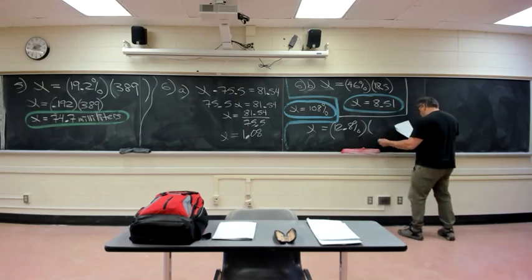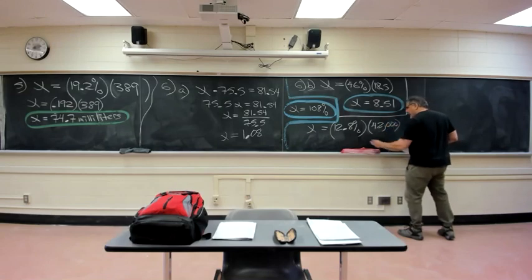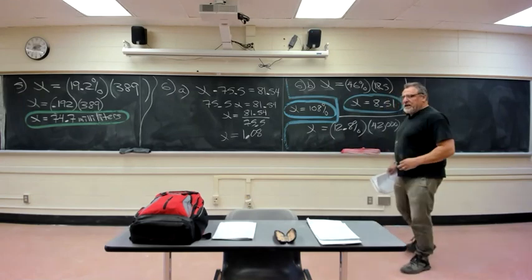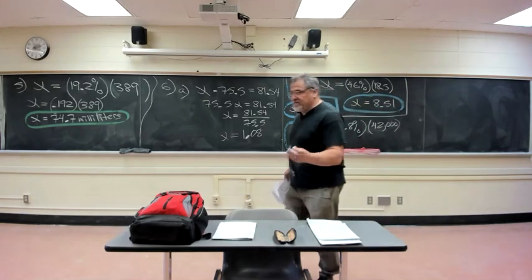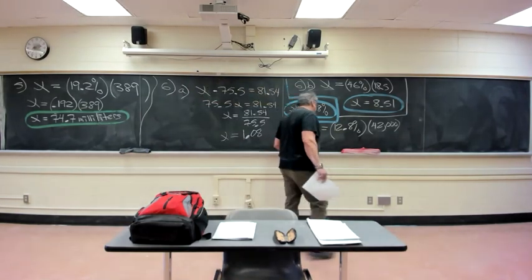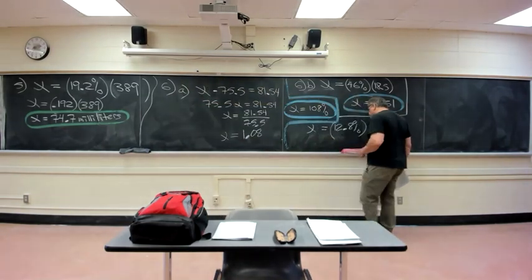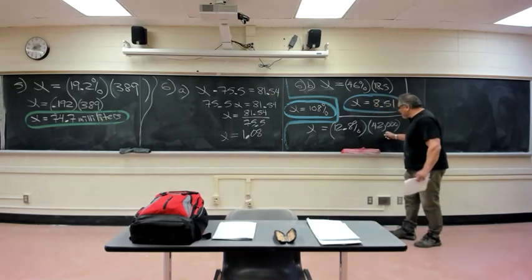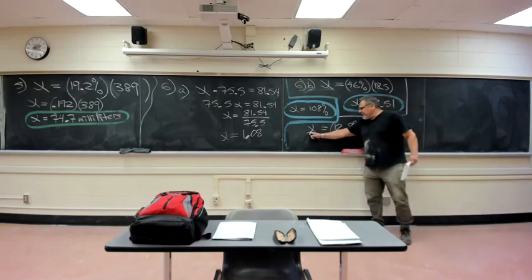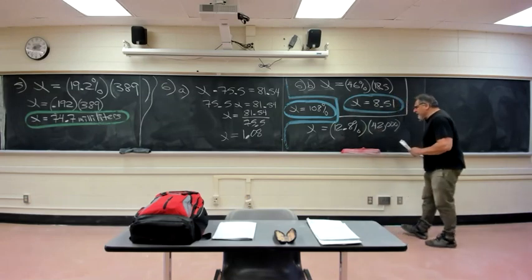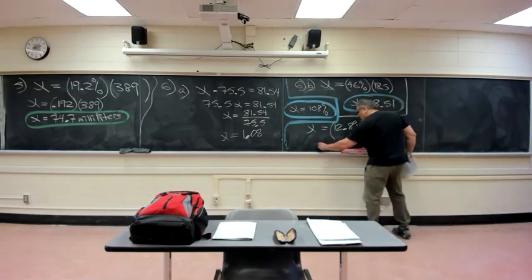It'd be nice if they were going to give it to us for 12.8% of what it costs now, but it doesn't work that way. They're going to give us an increase in the price. The current price is $42,000. The increase in price, X, is 12.8% of the current price.